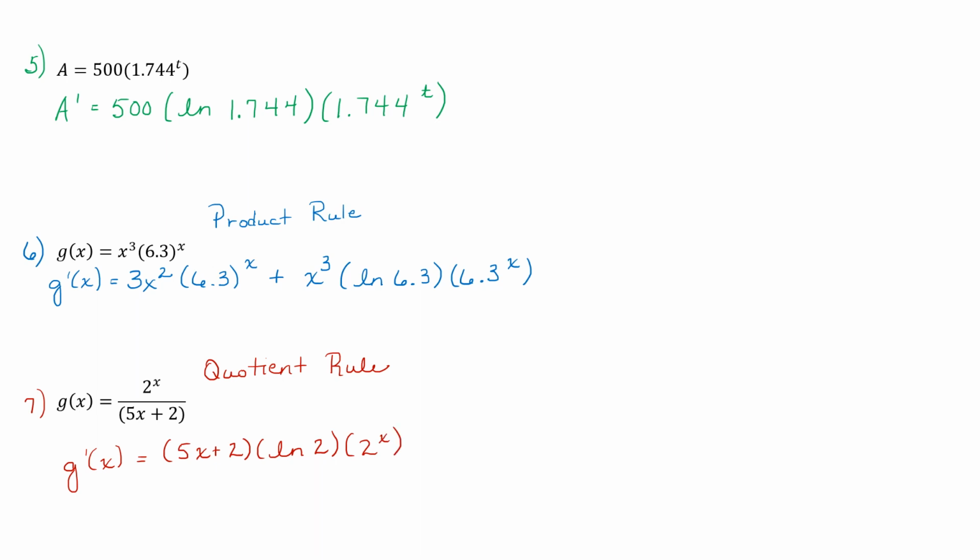So low d high minus high d low. So the derivative of 5x is 5, and the 2 drops off. Do not multiply the 2 and the 5 to get 10 to the x. Over low. So the 5x plus 2 squared. And we can stop right there.